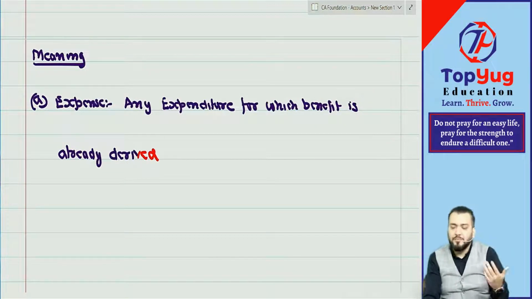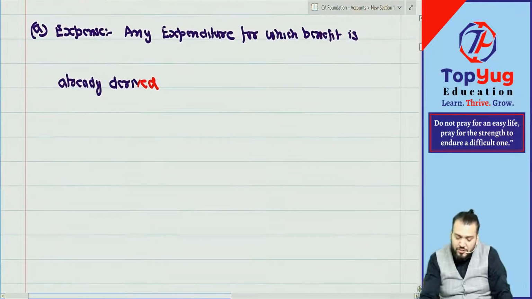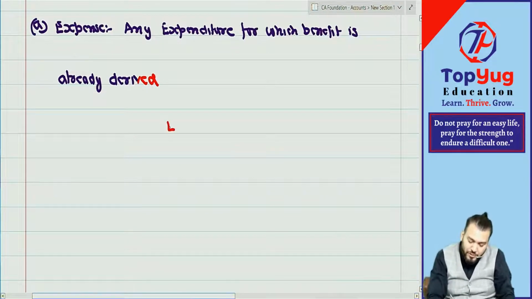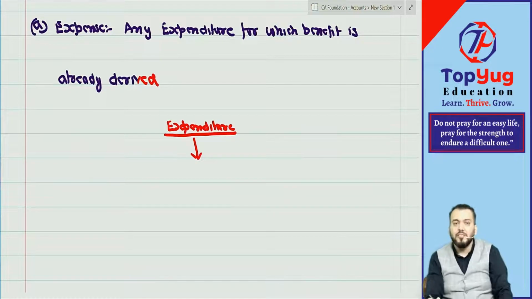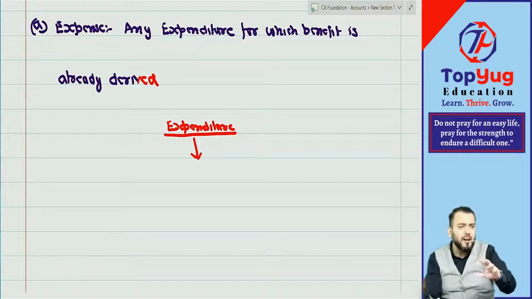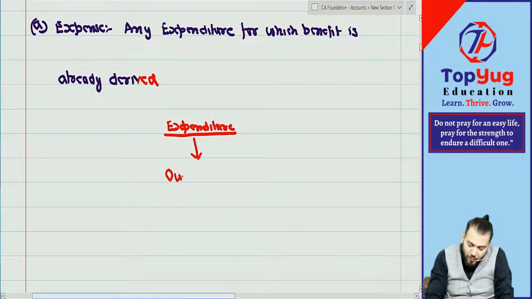Now when I am saying expenditure, let us understand what I want to say. What comes in your mind? If I am saying expenditure, it means outflow of cash, means you are paying something. In your mind there is some outflow, there is no inflow.